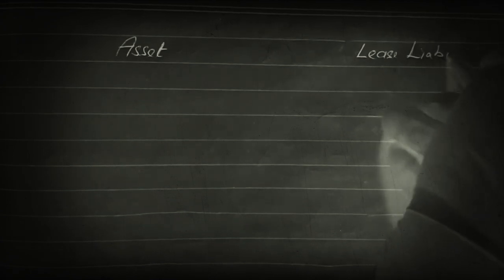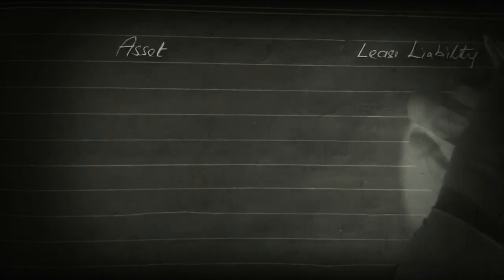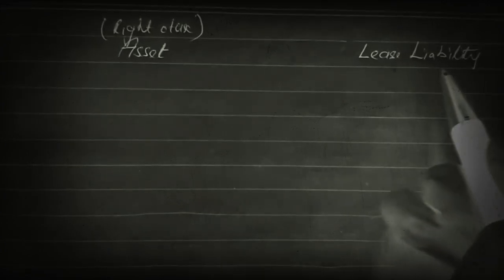And then we have the liability, which is the lease liability. So the lessee has to account for these things. First, the right of use asset, and second is the lease liability.